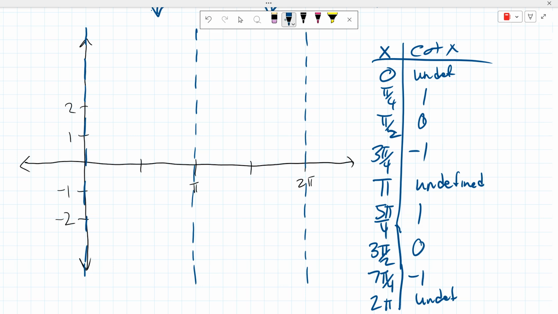So then at pi over 4, which is halfway in between 0 and pi over 2, we're at 1. Pi over 2, we're at 0. 3 pi over 4, we're negative 1. 1, 0, negative 1.